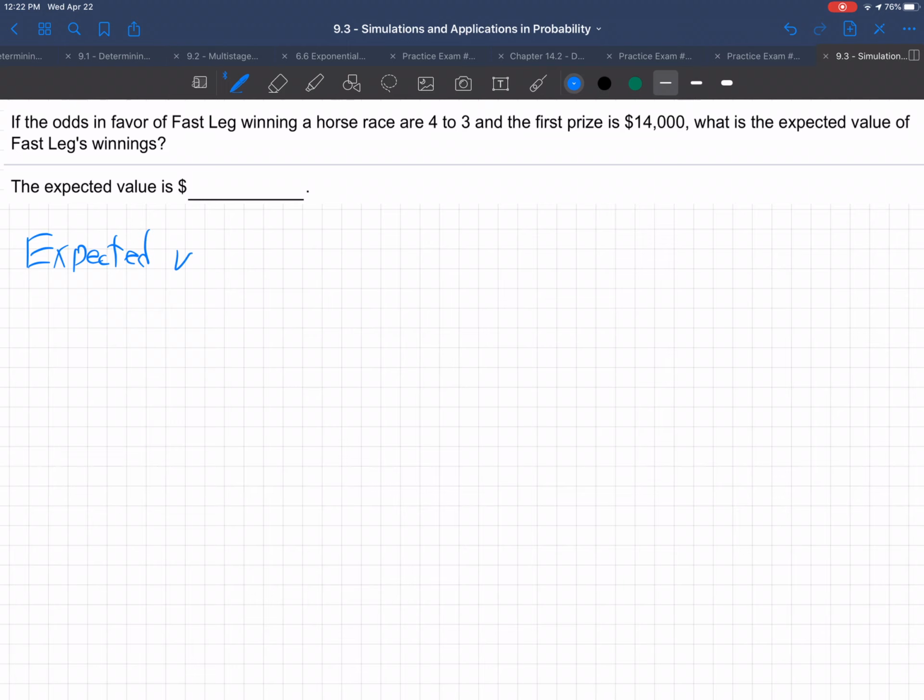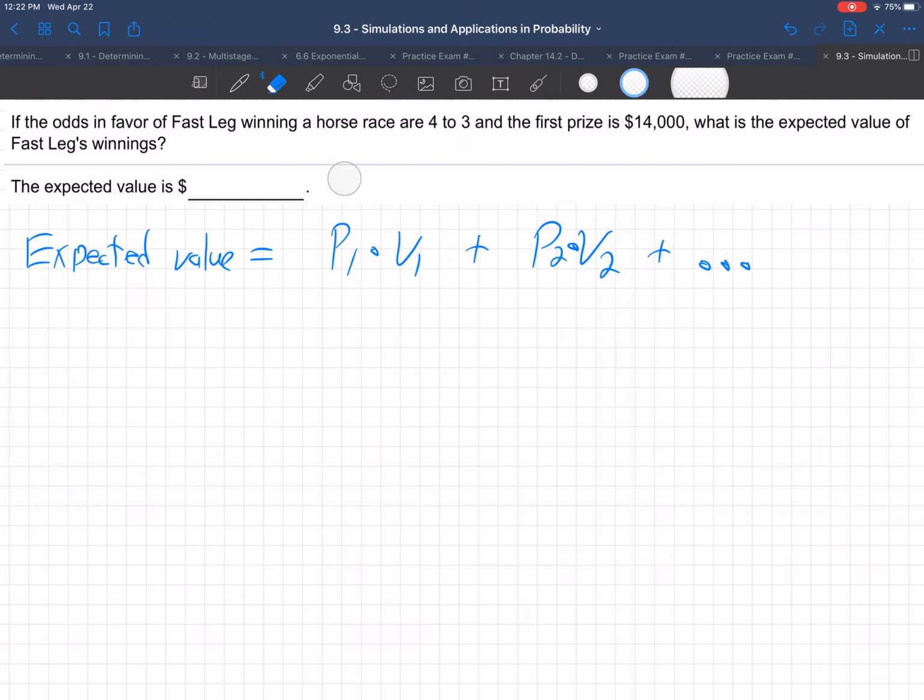value question. And expected value is always P1 times V1 plus P2 times V2 plus etc. And this is for event number 1, or outcome. How about we call it outcome? Whatever, same basic idea.